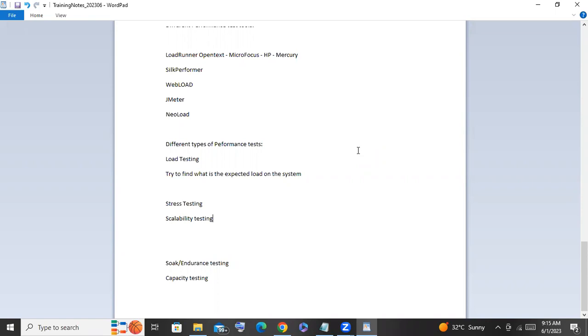We don't know. So we would have to understand what load you are expecting after a certain amount of time. Usually scalability testing is done for 3 to 5 years. So 3 years down the line, what is my expected user load or expected transactions load?